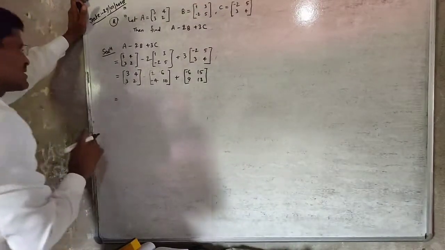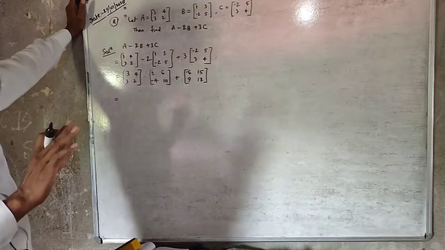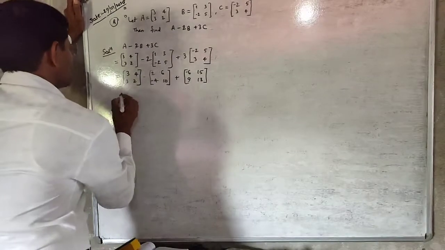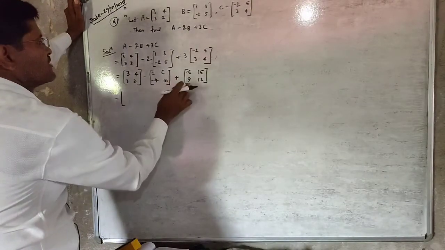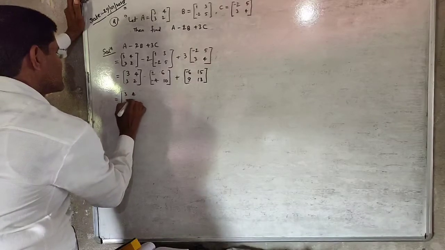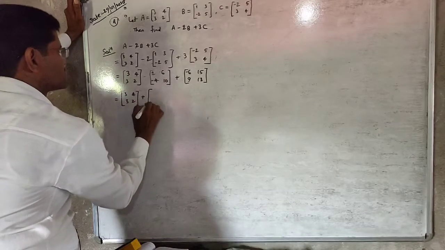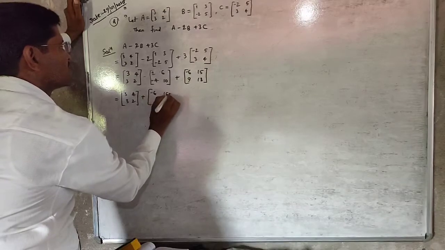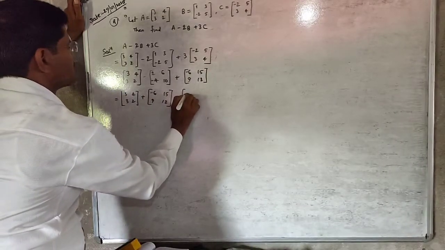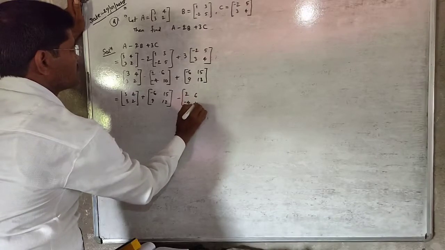Then we can add these matrices. First of all, we add the matrix [3, 4; 3, 2] and [minus 6, 15; 9, 12], minus [2, 6; minus 4, 10].